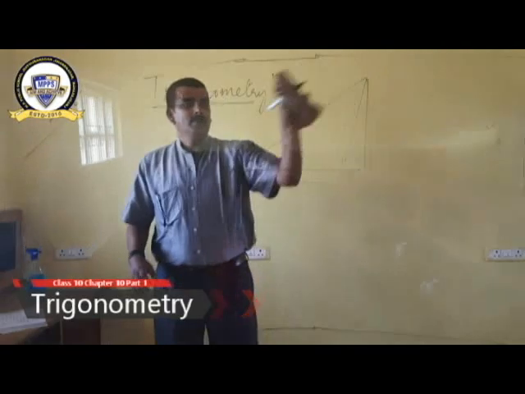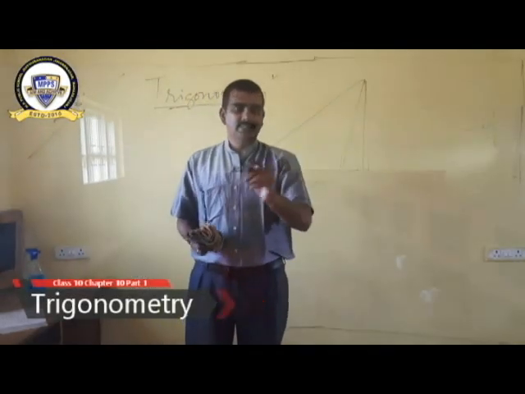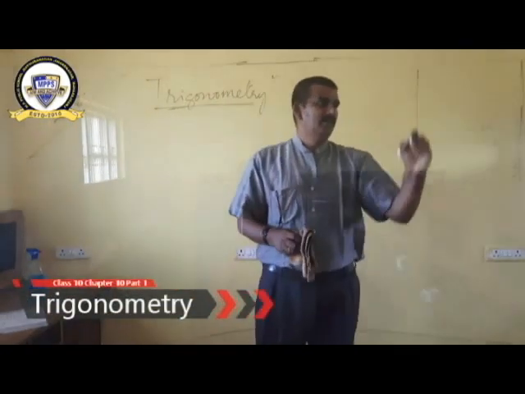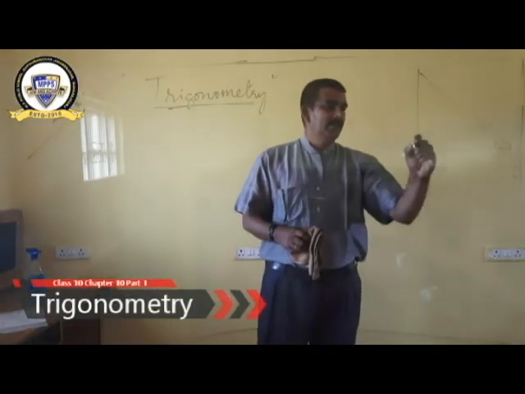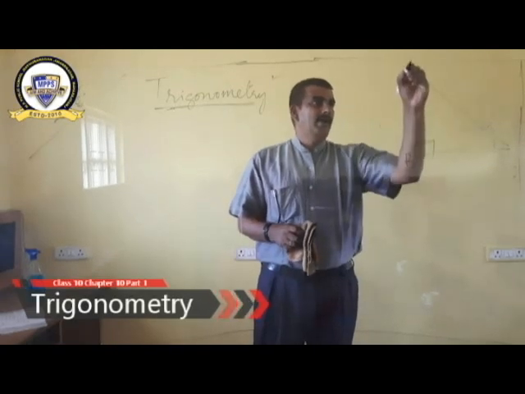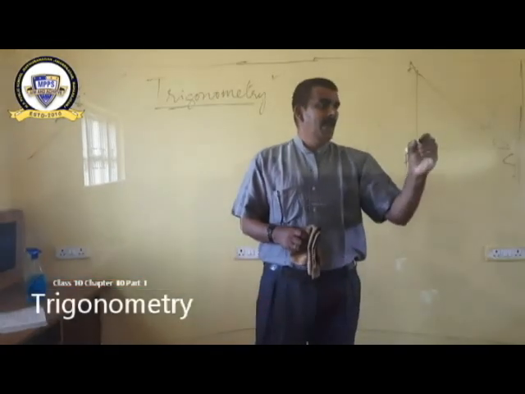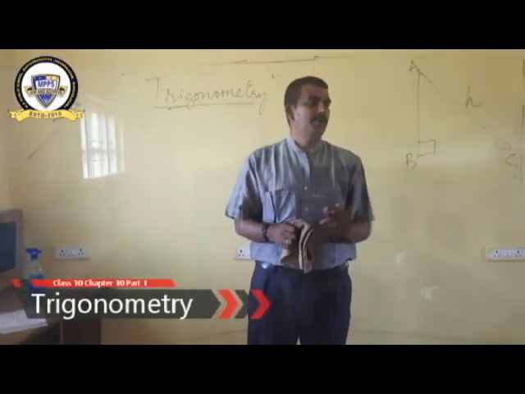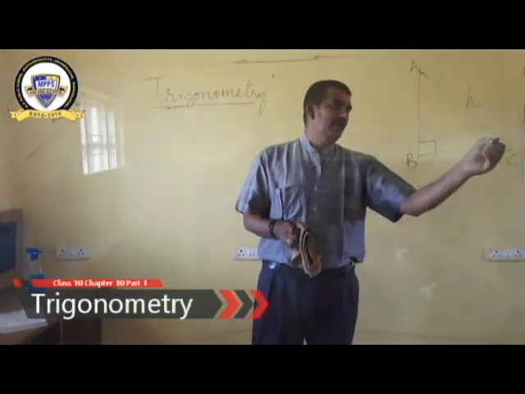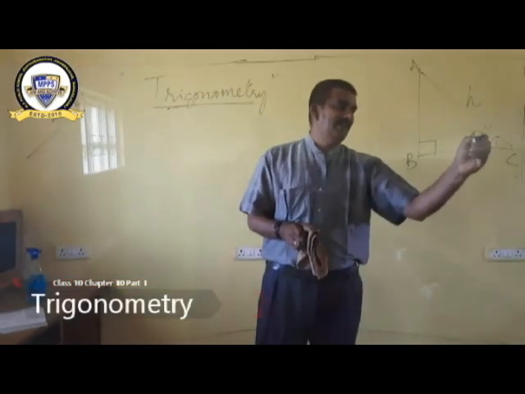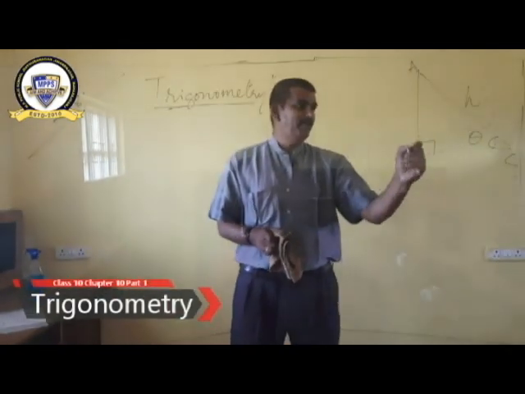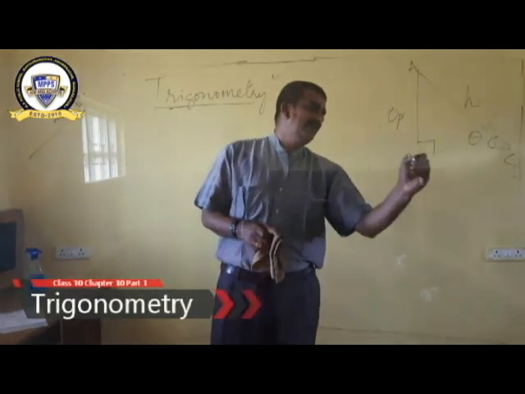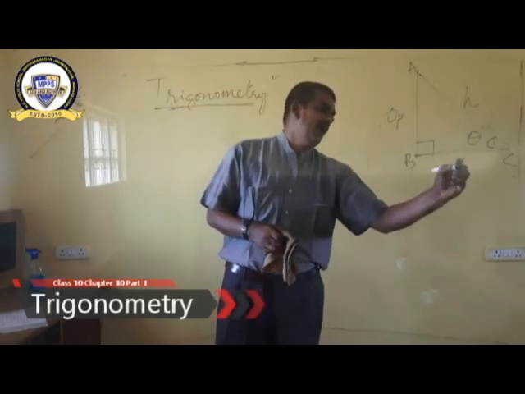Now, we are going to study about these ratios and identities very easily. See, this is a right angled triangle. Once more, I will draw one right angled triangle like this in front of you. Here, the right angle is B, then angle A, angle C, and the largest side, opposite to B, is called the hypotenuse. And if you consider the angle C as theta, then the side opposite to theta is called the opposite side. The side adjacent to theta is called the adjacent side.